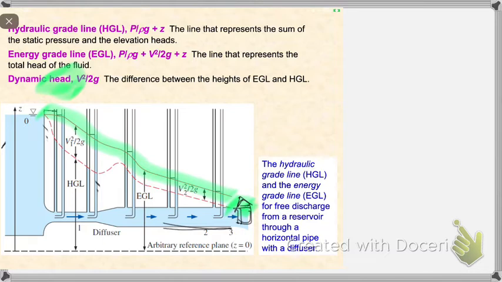So on this energy grade line, if you choose a point here, at that point you will have the static pressure and the stagnation pressure, but you don't take into account the dynamic head. So it's just a matter of visualizing the potential energy from your flow.